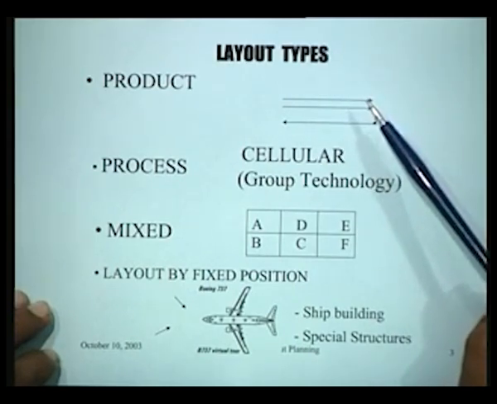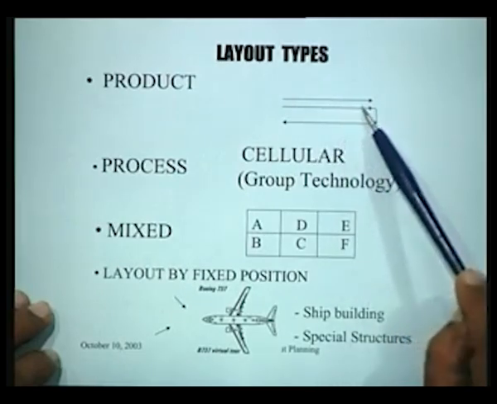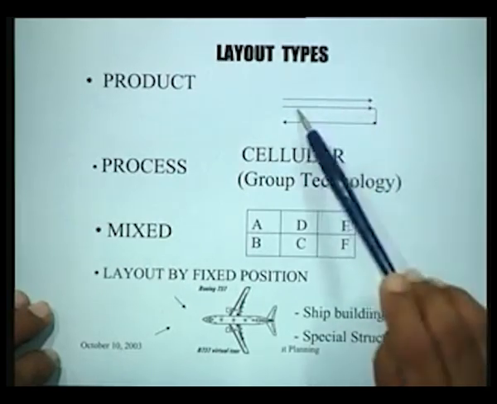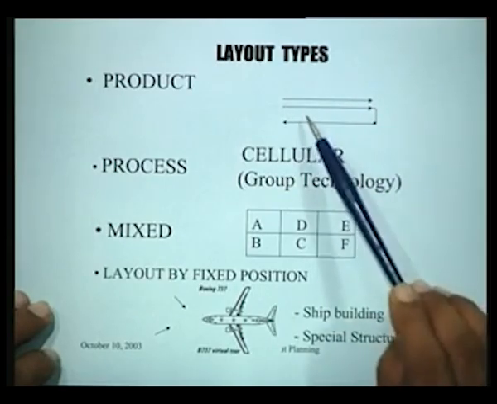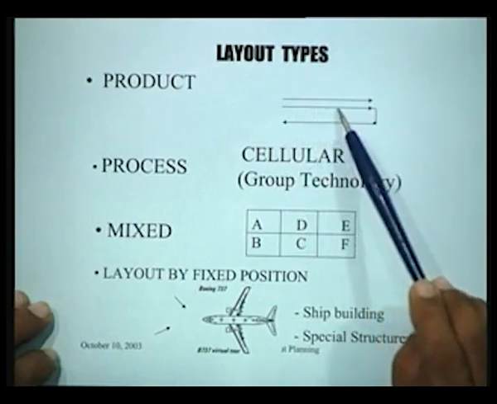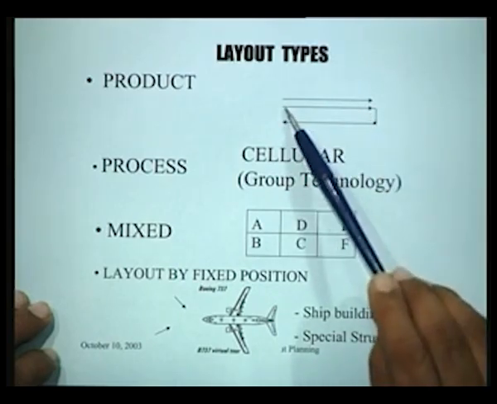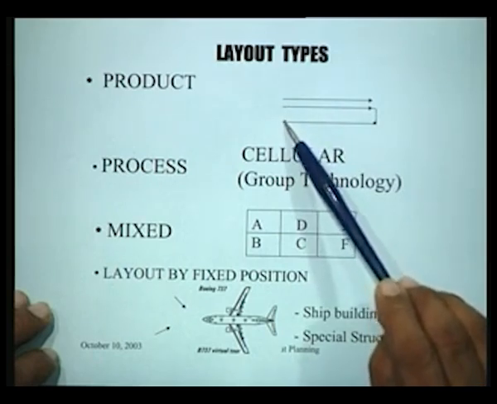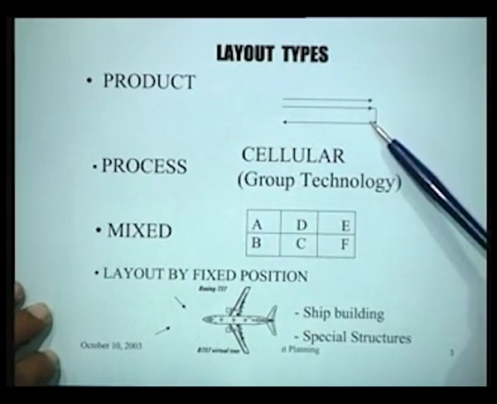Whatever operations are required on the product, they are laid out in either straight line or in U mode or in serpentine mode or in any other mode, but the essential thing is that all the operations that are to be performed on the product are performed in sequence, and from the raw material you ultimately get the final product. So this is the typical feature of a product layout.